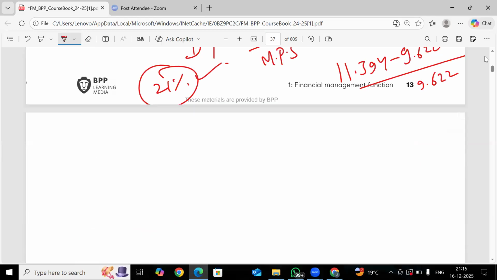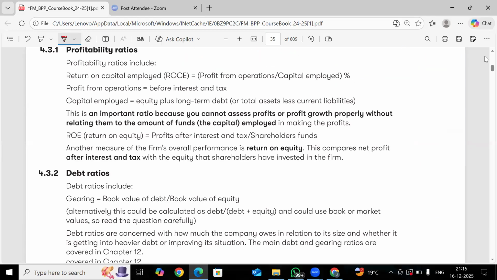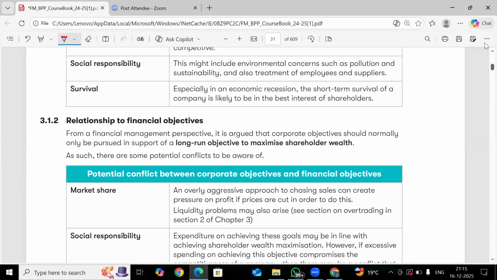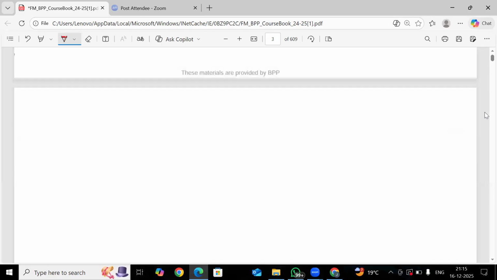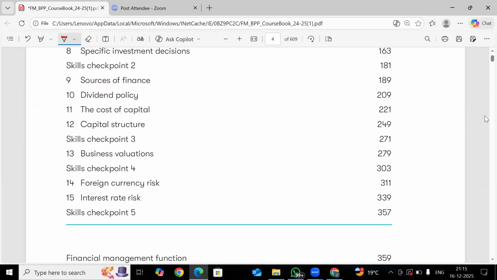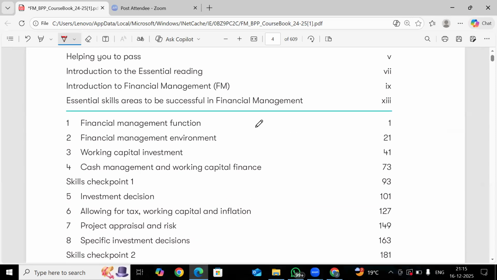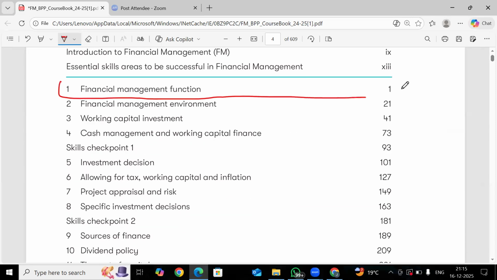We'll continue the topic in the next class, and the next class will be the end of this chapter, on Thursday. So my plans, please listen. I'll share my plans with you. This is the first chapter in financial management. This is going to be done by Thursday.